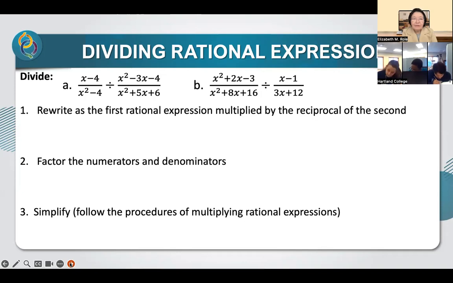So you immediately do the rewriting so you don't get confused, and immediately proceed to a multiplication operation.